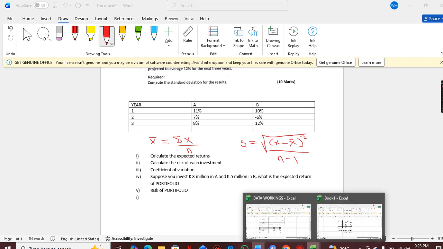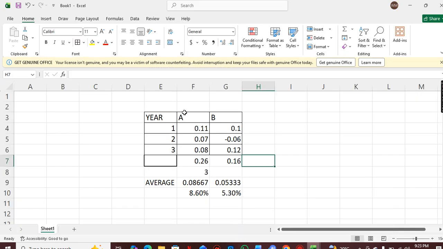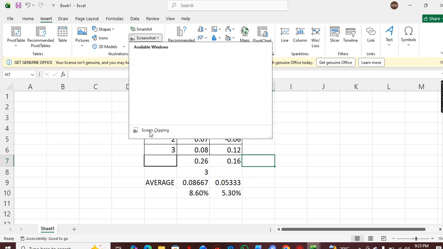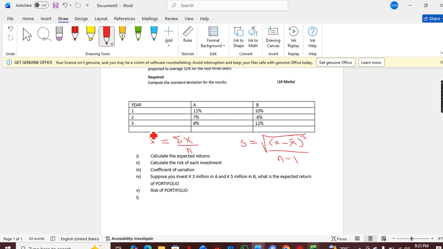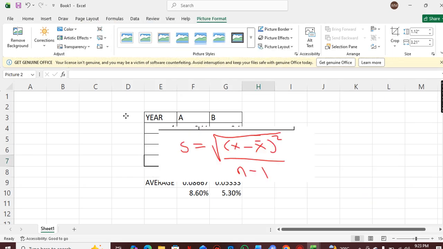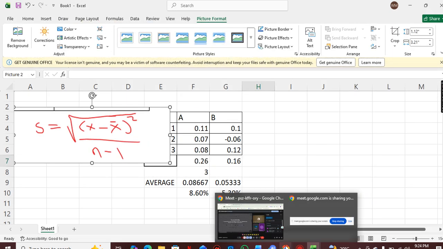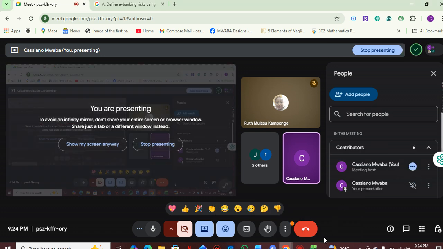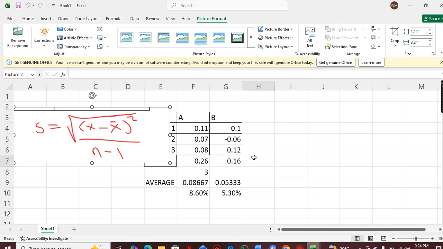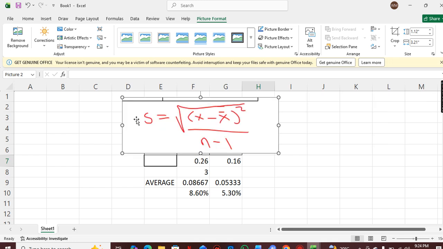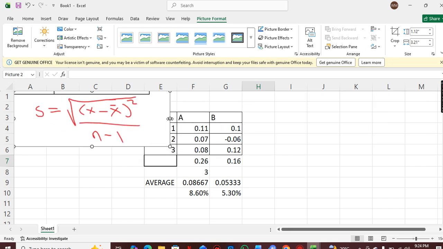So using this formula, let me just get a screenshot of it. Okay, so this is the formula we're going to use. Let me make a small table this side.